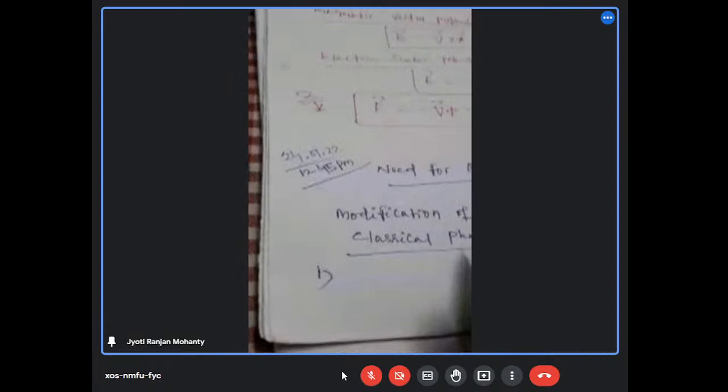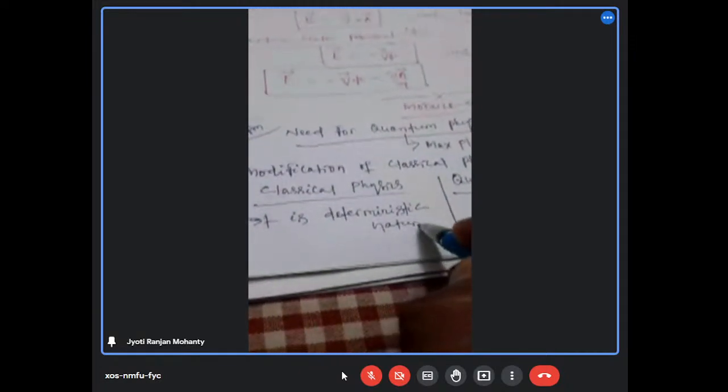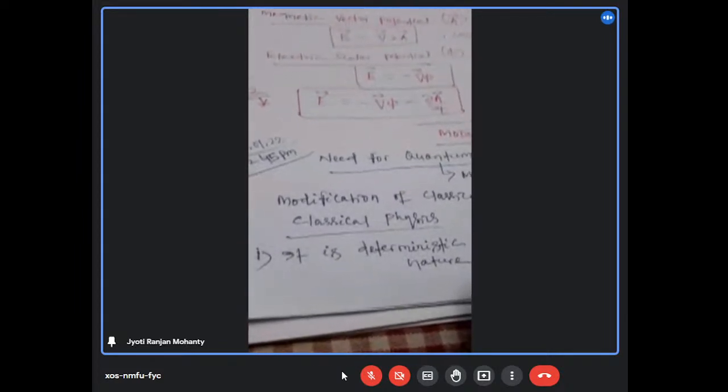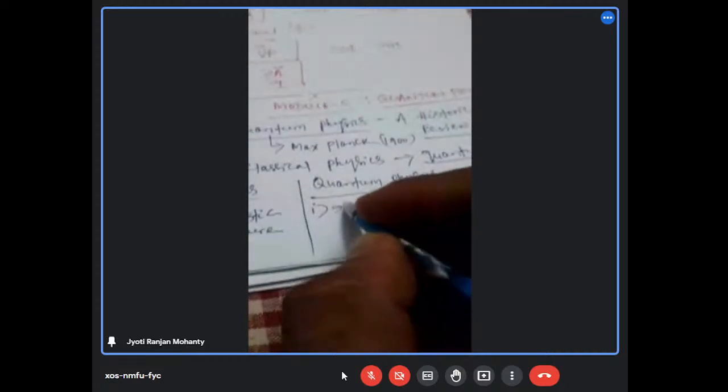On the classical physics side, you write: it is deterministic in nature. Classical physics gives you the exact thing, that is deterministic. But quantum physics is probabilistic in nature.